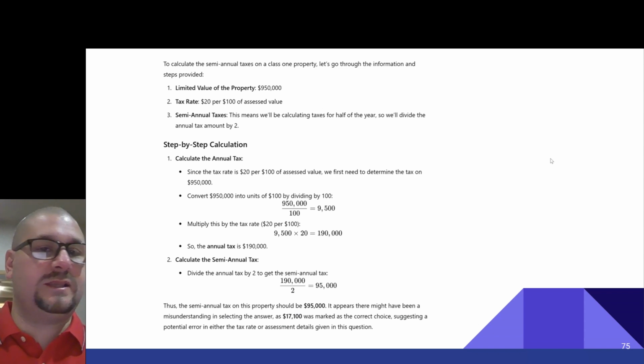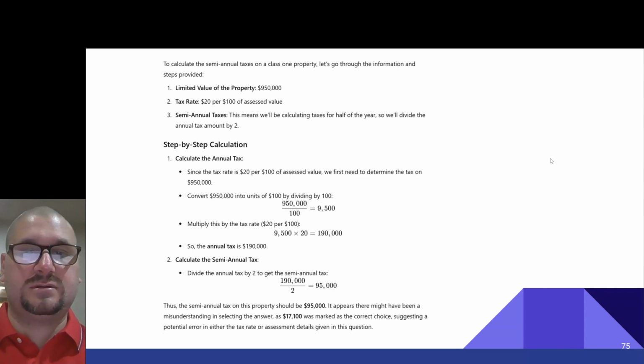So we calculated the annual tax, $190,000. Now let's calculate the semi-annual tax. You divide the annual tax by 2, so $190,000 divided by 2 is equal to $95,000.